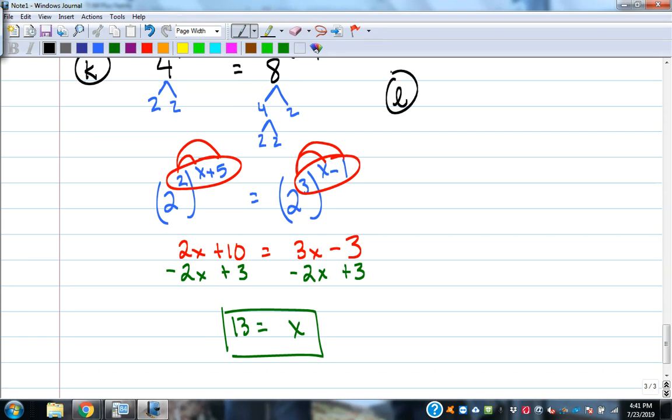Let's do one more. Try to make one up here that's got a little bit more going on to it. Say we had 2 to the x squared plus 3x equals 8 to the 4x.